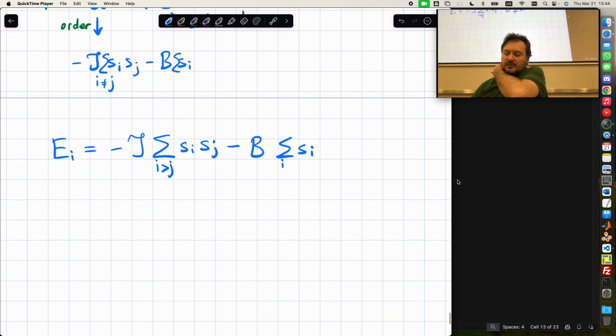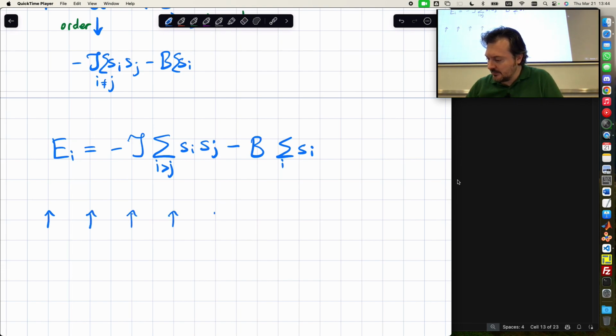And I'm going to even give you a system. I'm going to give you just a spin chain, an Ising chain, one-dimensional. So we know who is interacting with whom.